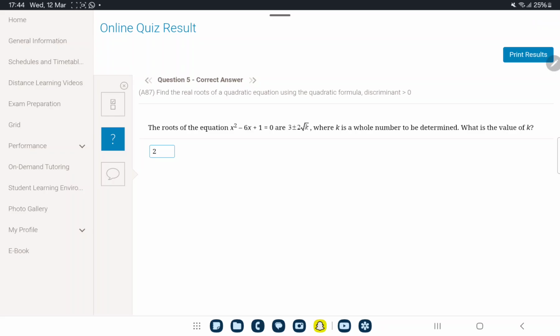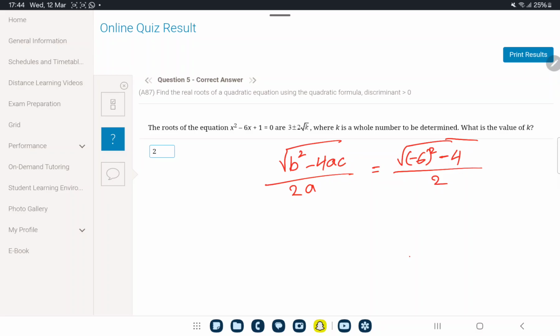The roots of the equation x squared minus 6x plus 1 equals 0 are 3 plus minus 2 radical k. We want the discriminant over 2a, so b squared minus 4ac over 2a. b is minus 6 squared minus 4ac, a is 1 and c is 1 for minus 4, over 2a, a is 1 for minus 2, radical 36 minus 4 over 2. 36 minus 4 is 32, so radical 32 over 2.